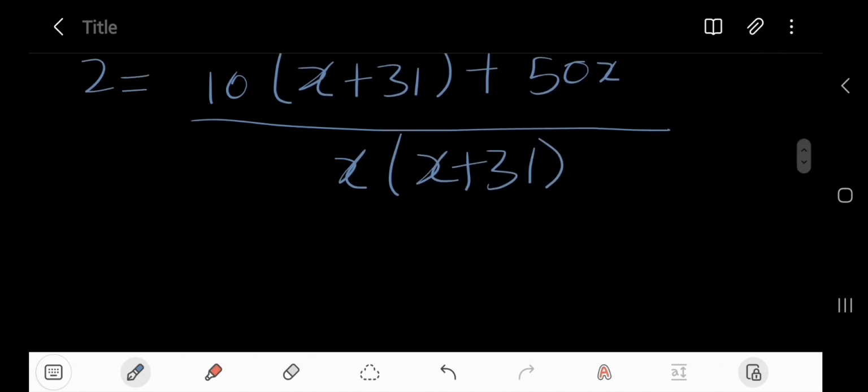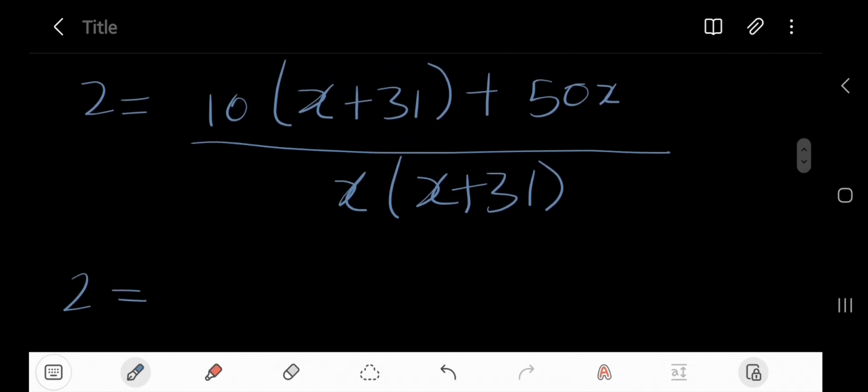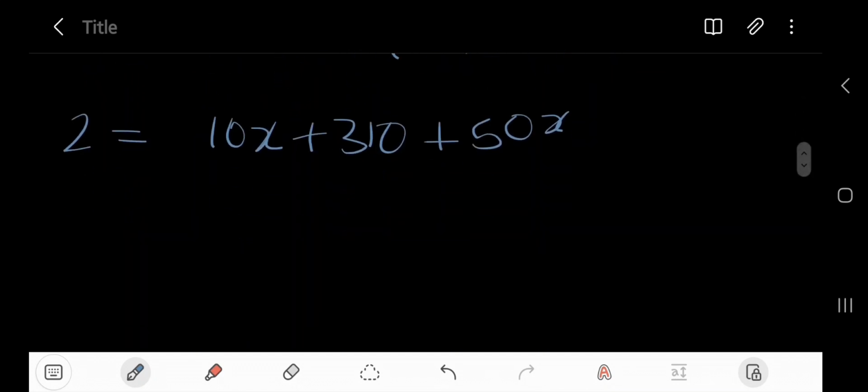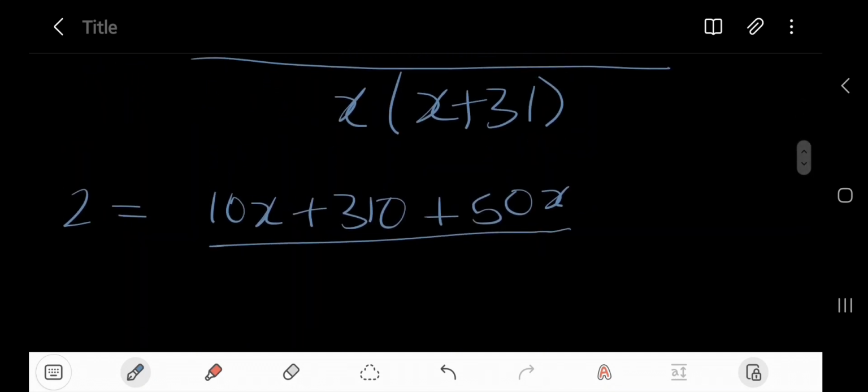The next thing we can do is expand what we have there: 2 is equal to 10x plus 310, plus the 50x, and then we expand the denominator to get x squared plus 31x.